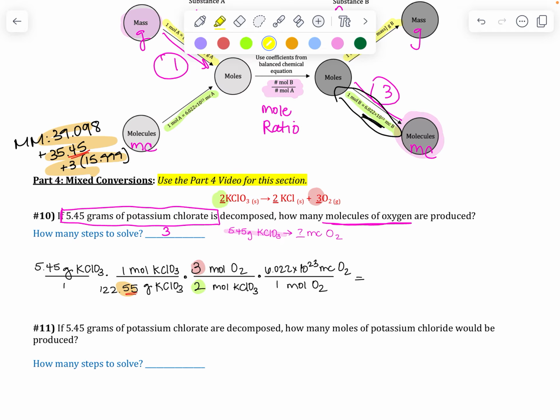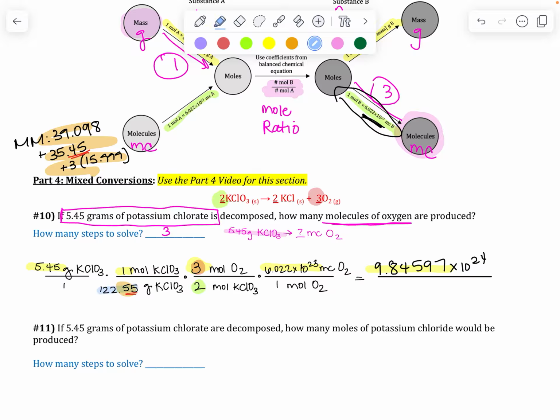So I've got 5.45 times 1 times 3 times 6.022 times 10 to the 23rd, and I get 9.84597 times 10 to the 24th in my calculator, and then I need to divide that by anything in my denominator.